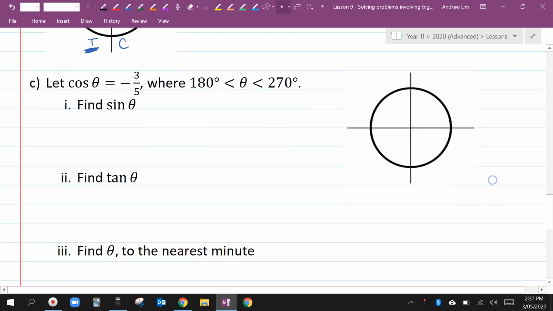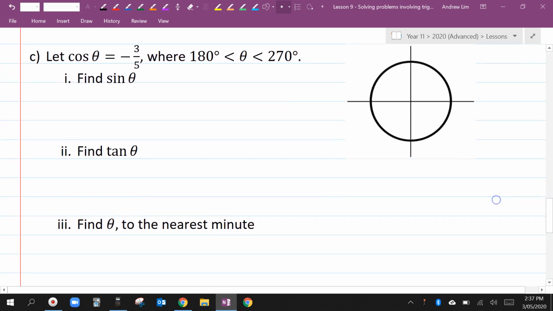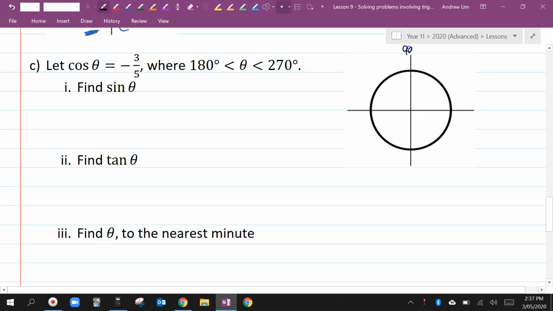Okay, I'm going to go through one more question with you and then you can have a go at question D. Let cos of theta equal negative 3 over 5, where theta is in between 180 and 270 degrees. Okay, so we know that this is 90. Let's put in 0 as well. 180 and 270.